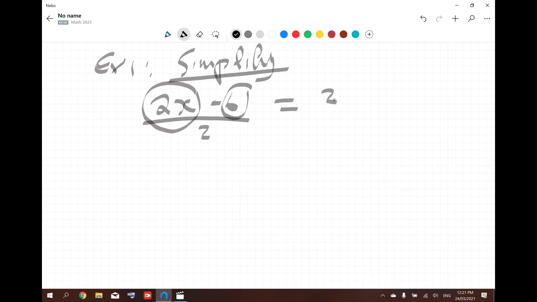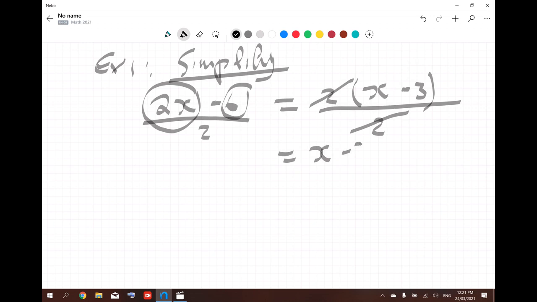So the highest common factor is a 2, and I have x minus 3 left inside, divided by 2. Now the 2 is multiplied. Yes, now I can simplify, and I'll get x minus 3. So the first reason why we factorize, or convert added or subtracted terms into a product of factors, is to be able to simplify.